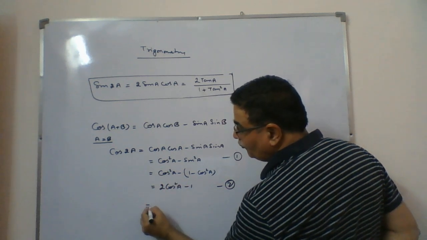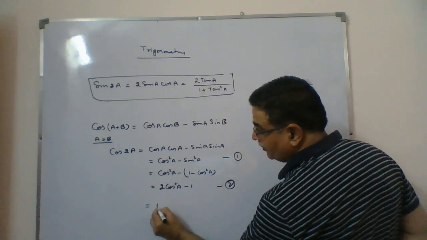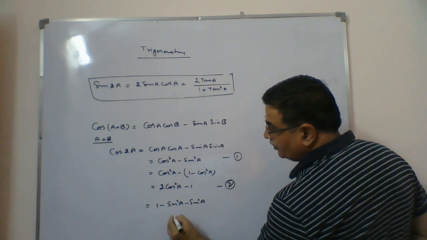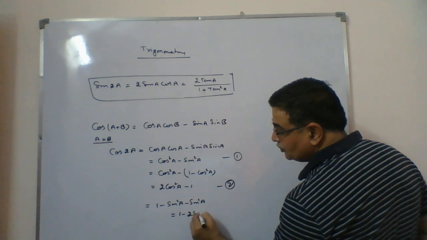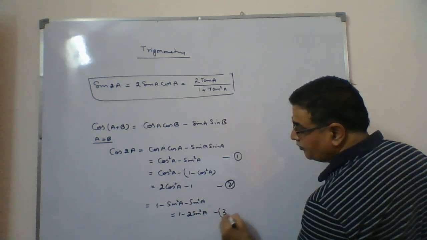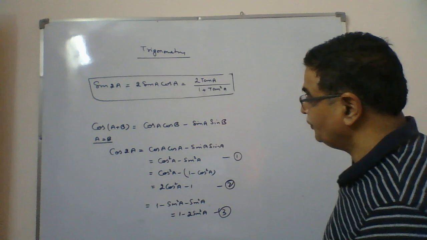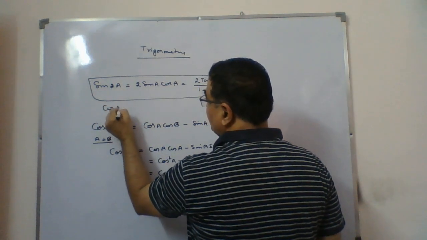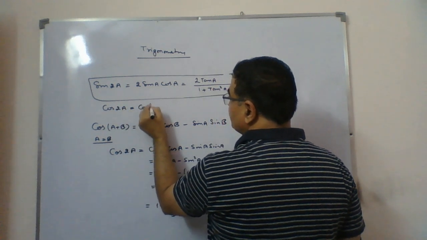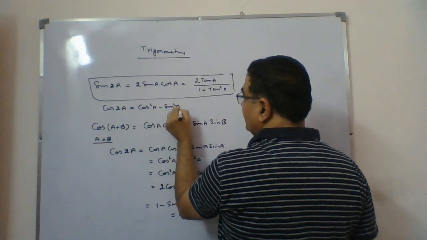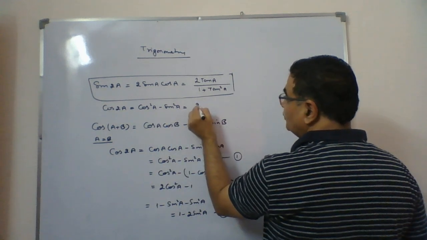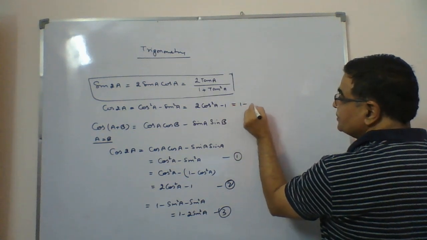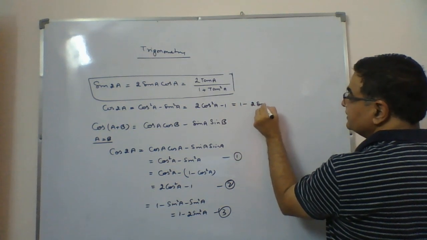And in the same way when you go for sine, that will be 1 minus sine square A minus sine square A. Result comes out to be 1 minus 2 sine square A. This is result number 3. So we got 3 results of cos 2A now. What are the formulas of cos 2A? Cos 2A we got as cos square A minus sine square A, then 2 cos square A minus 1, or I should say 1 minus 2 sine square A.